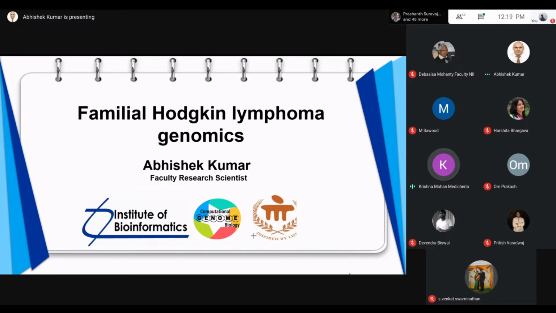He obtained his PhD in bioinformatics from the University of Bielefeld, Germany, and an MSc from Madurai Kamaraj University, India. He is a recipient of the prestigious Ramalingaswami Fellowship Award by the Department of Biotechnology. He is employing a multi-omics approach for studying cancer and neurological disorders and developing computational pipelines for detailed analysis of genomes. He has more than 60 published research articles with an H-index of 17. May I now request Abhishek to present his work.